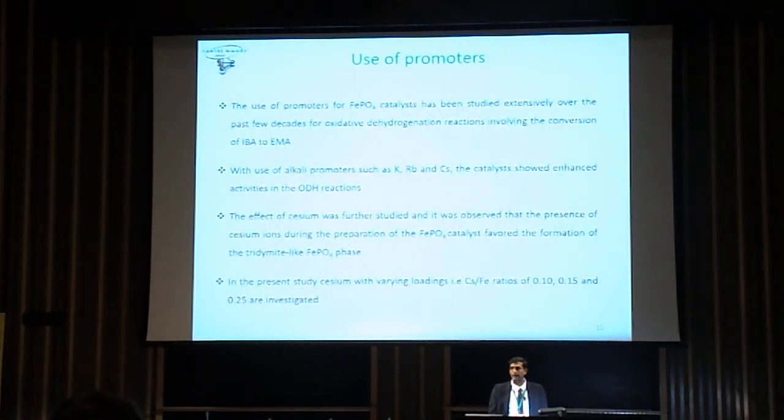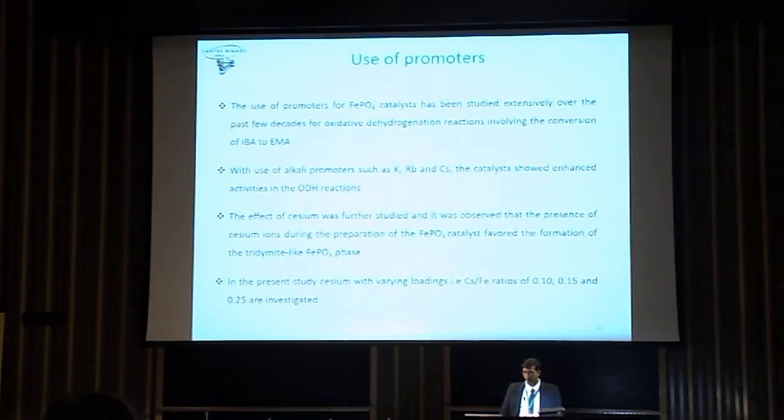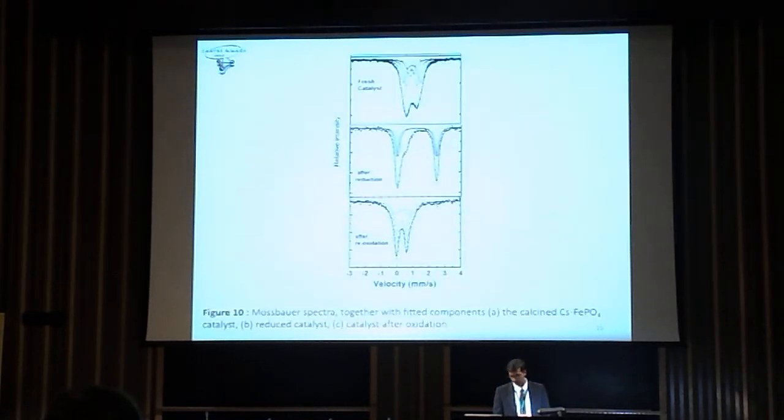Among them, I'm presenting only the results of the cesium catalyst because for the other promoters we are still doing the investigation. For the cesium to iron ratios, we tested 3 different ratios: 0.10, 0.15 and 0.25. All 3 ratios showed the same type of effect, so to give the information, I'm only showing the cesium to iron ratio of 0.10.